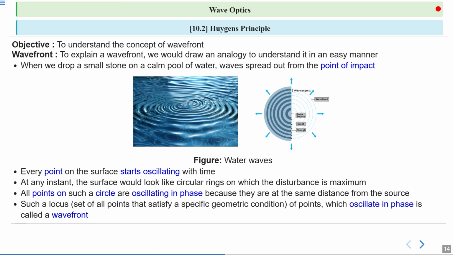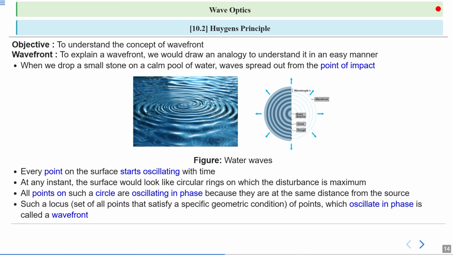Each and every point on the circular path is at the same distance from the center, which is equal to the radius of the circle. So that is the specific geometric condition for a circular wavefront. All the points that are equidistant from the point source form the wavefront. Which type of wavefront? Circular in 2D or spherical in 3D.